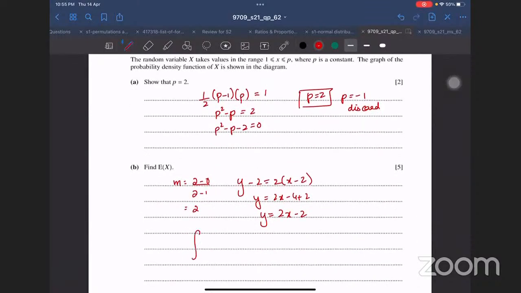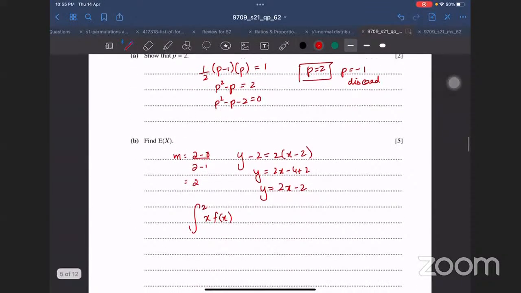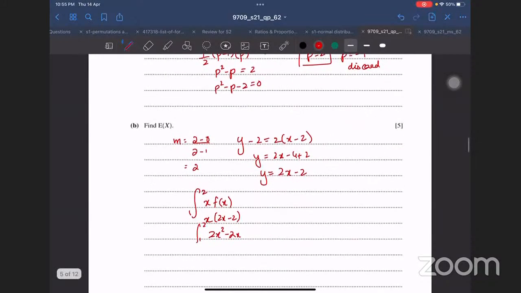Then I'm going to say x times f of x on all values, so from 1 to 2, so I get 2x cubed over 3 minus 2x squared.